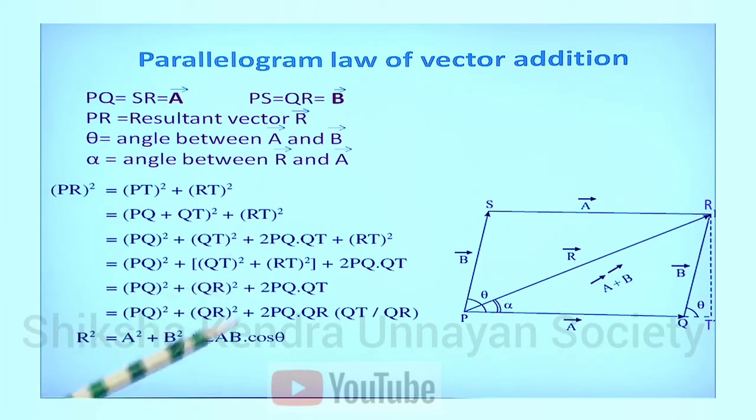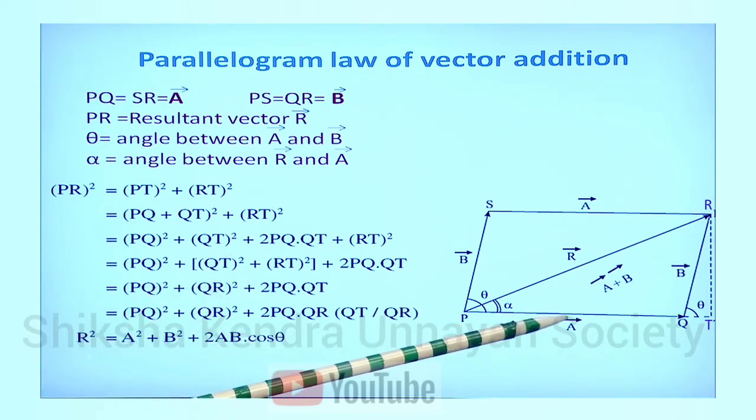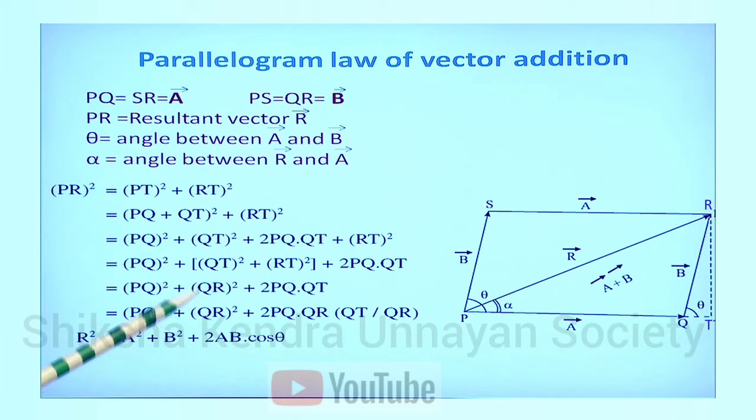So, now we can write, what is PQ? PQ equal to vector A. So, in place of PQ square you can write A square, in place of QR square you can write B square, plus 2, PQ equal to A, QR equal to B and QT by QR equal to cos theta.